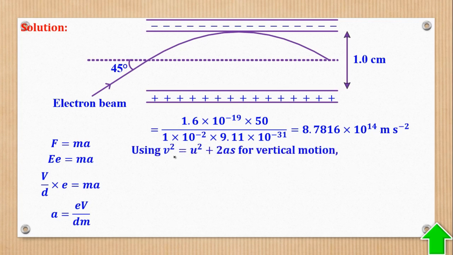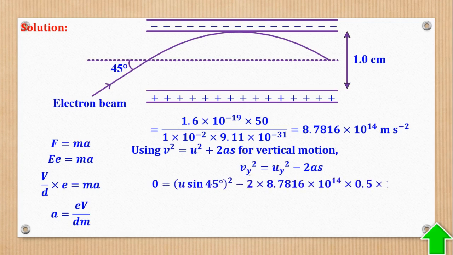Now, using the third equation of motion, remember we said equations of motion can also be used. When I use the third equation of motion, I'll consider vertical motion. That is why we are writing y, meaning the vertical component of velocity, and the vertical component of initial velocity. I'll substitute. The vertical component at this point is 0 because this is the maximum point.